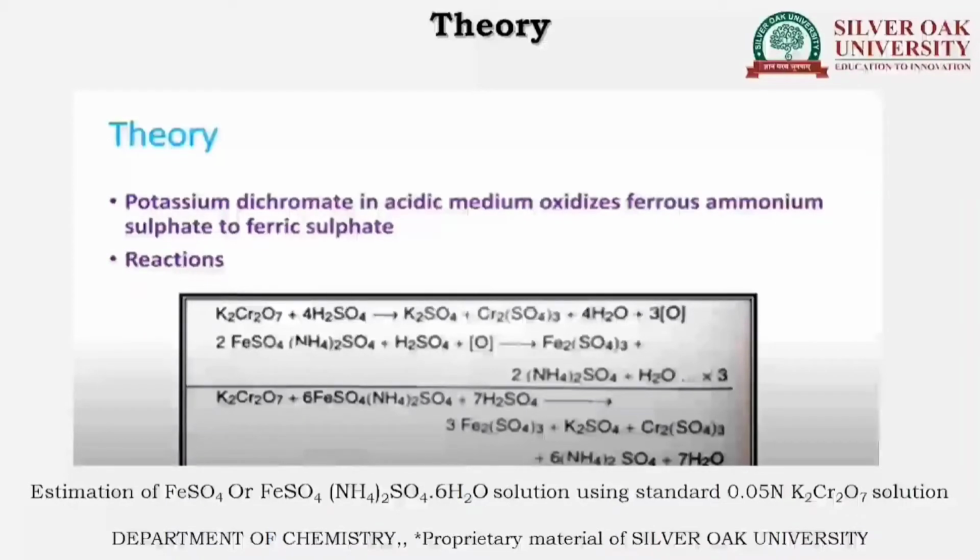And this oxygen reacts with ferrous ammonium sulfate and H2SO4, giving ferric sulfate and ammonium sulfate. So our final reaction is potassium dichromate plus ferrous ammonium sulfate plus sulfuric acid gives ferric sulfate plus potassium sulfate plus chromium sulfate as well as ammonium sulfate and water.